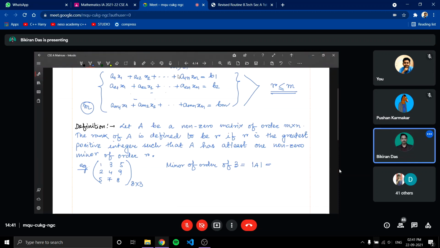Tell me first, what is the determinant of this matrix?